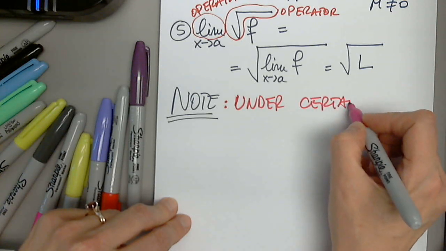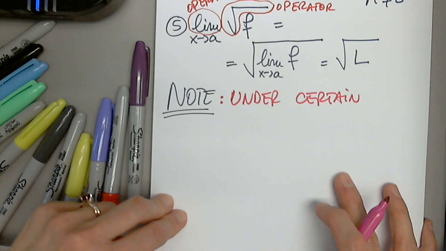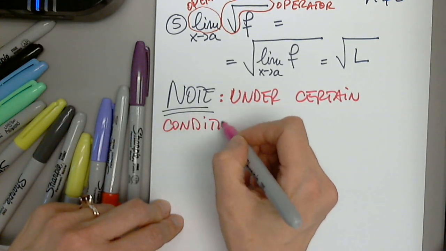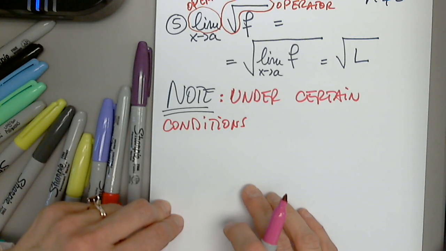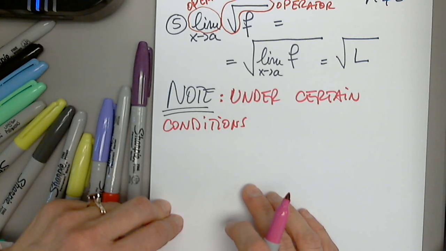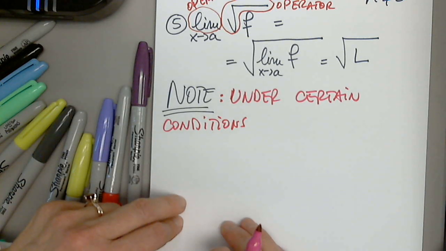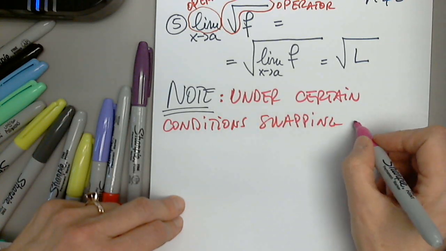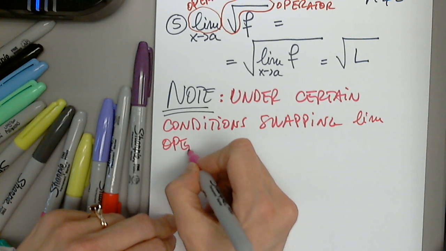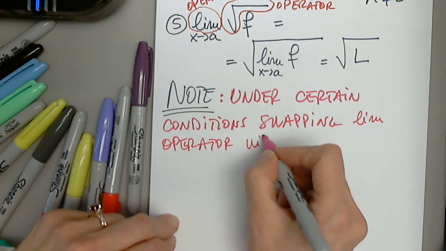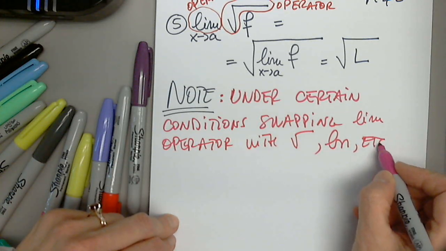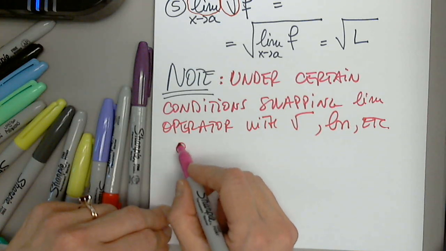Not always possible, but under certain conditions that we will discuss down the road, conditions of continuity for composition, function composition, swapping the limit operator with square root or natural log or other operators is allowed.